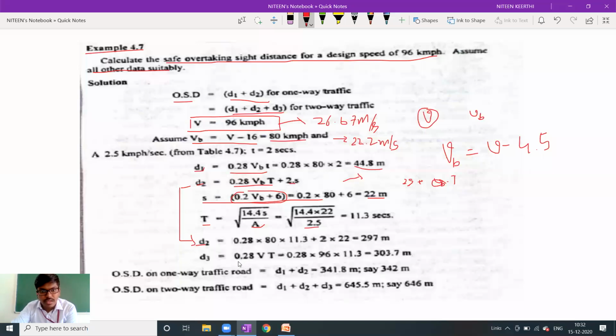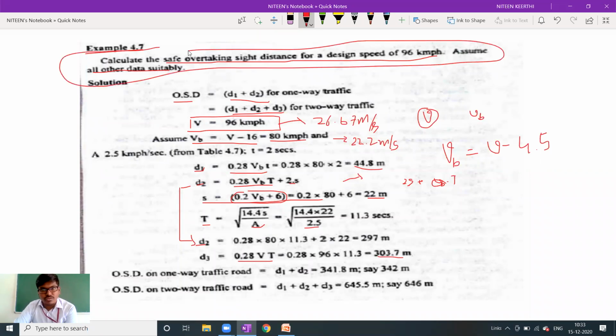D3 is again small v into T. In place of small v, I'm taking 0.278 capital V, so that I'll get D3. You can do this example using V in meter per second and get me the values. I will be asking this in the afternoon, so please note this question.